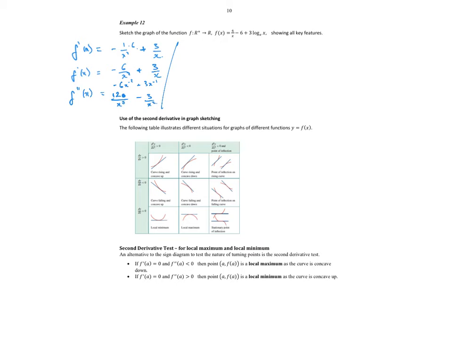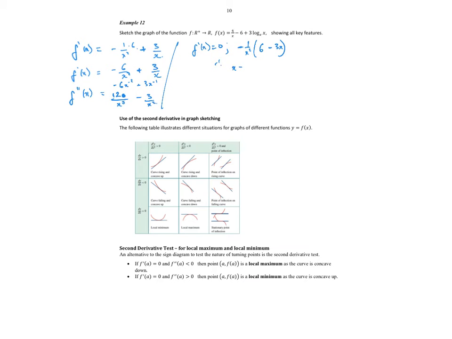All right, so what do we know? Let's go f dash of x equal to 0. So what if we just take negative 1 on x squared at the front, and that gives me 6 minus 3x for the derivative.